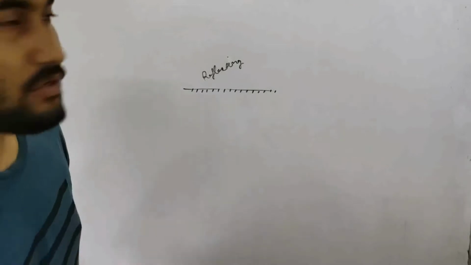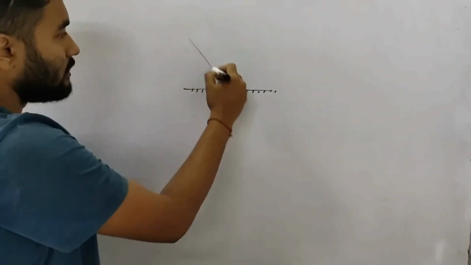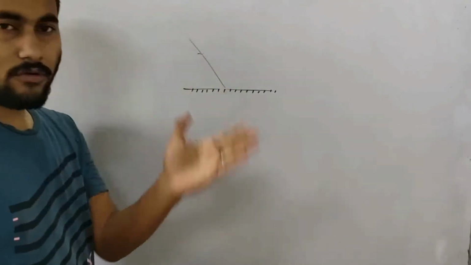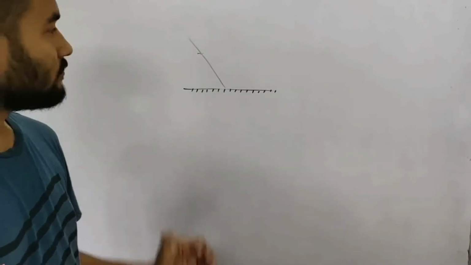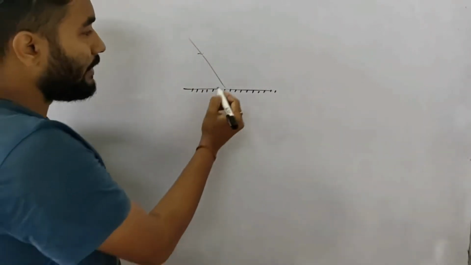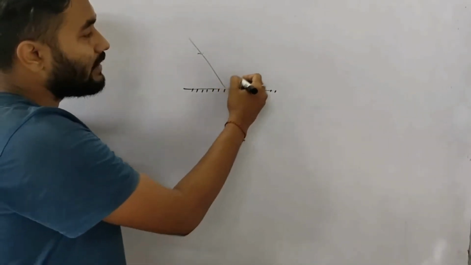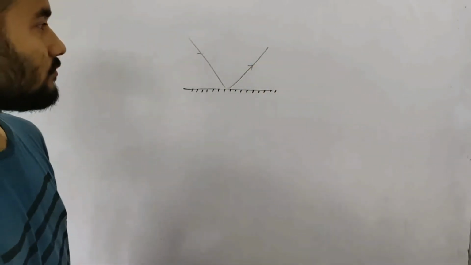So this is a plane mirror. Whenever light rays fall on it, which you will learn in physics, say a light ray comes directly from the sun, this is known as the incident ray. When this incident ray touches the mirror, it reflects back. This is known as the reflected ray.